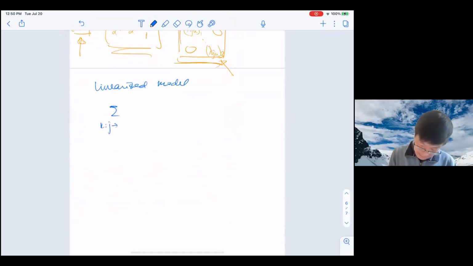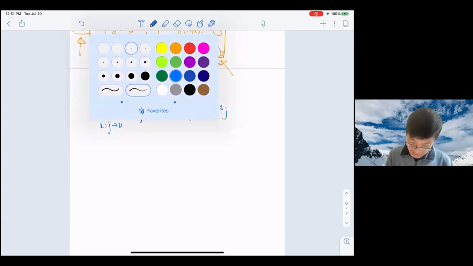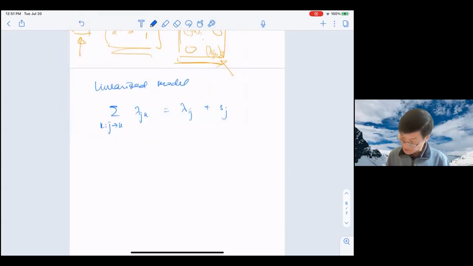Power balance. So this is just three-dimensional lambda ij plus sj. So these are all three-dimensional vectors, right? And we know that the lambdas are going to be diagonal entries of the Sij or Sjk matrices.